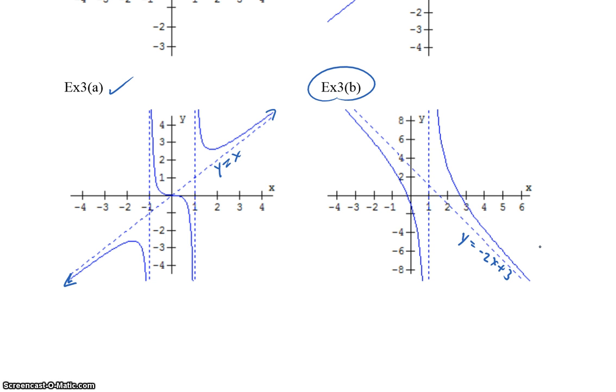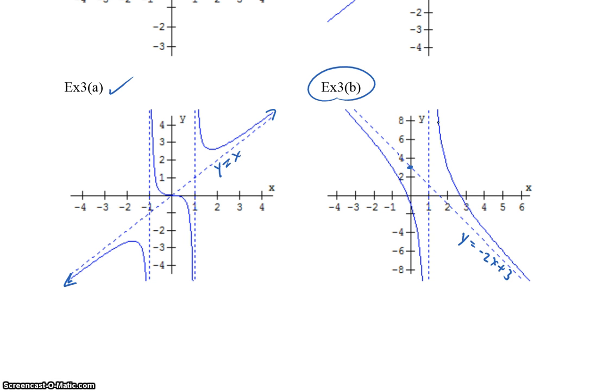You can see that it's a line with a negative slope. It's falling from left to right. It should have its y-intercept at 3, and you can see that is apparently the case. So it's a line with slope negative 2 and y-intercept 3.